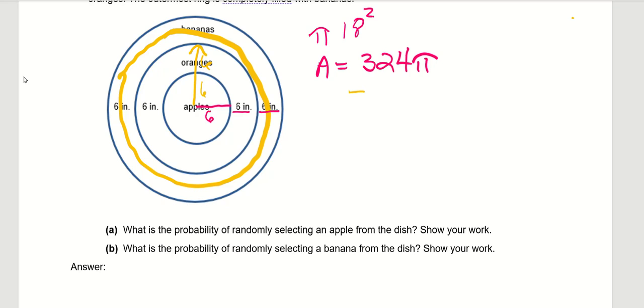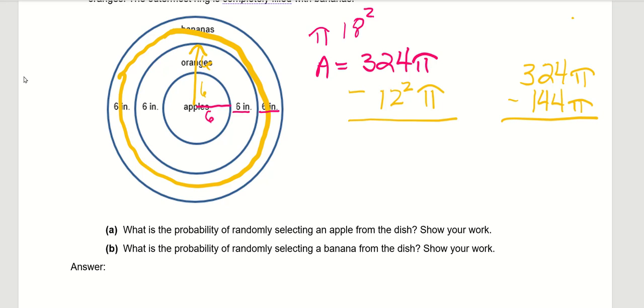So that area is pi times 12 squared, and 12 squared is 144. 324 pi minus 144 pi is 180 pi.